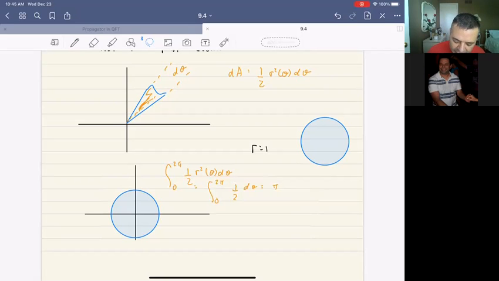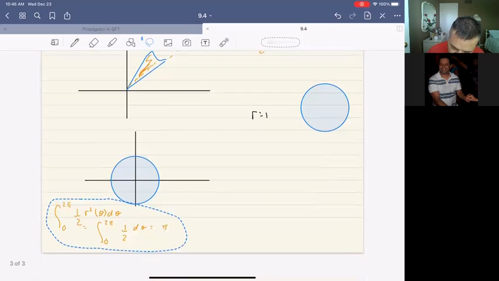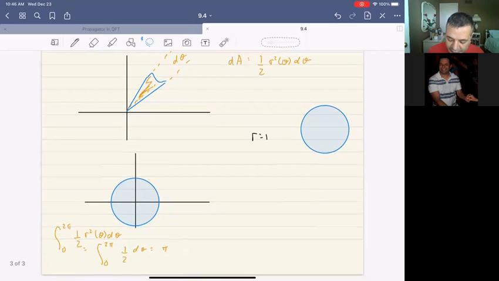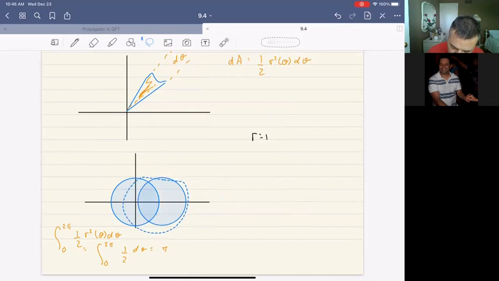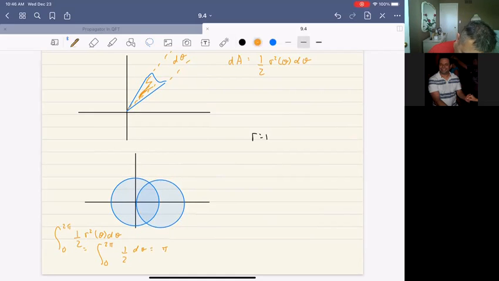Okay, now let's look at the problem we had before. The problem we had before was this area. Now when we do the problem of the intersecting areas, I have to find this area by thinking about it as a polar graph.